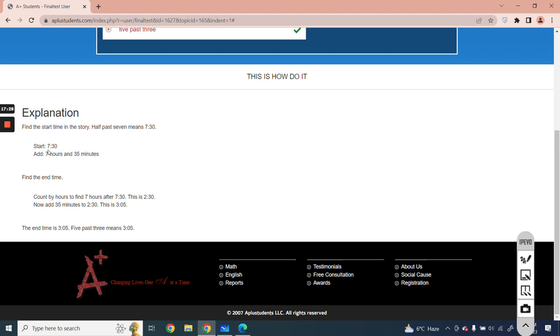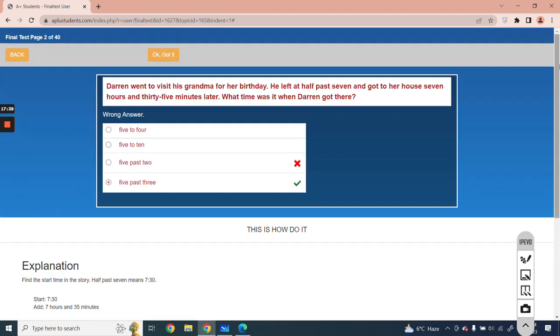The start time is 7:30, add 7 hours, so it would be 2:30. Then you have to add 35 minutes. So when you add 35 minutes to 2:30, it would be 3:05. So that means 5:03. Got it?